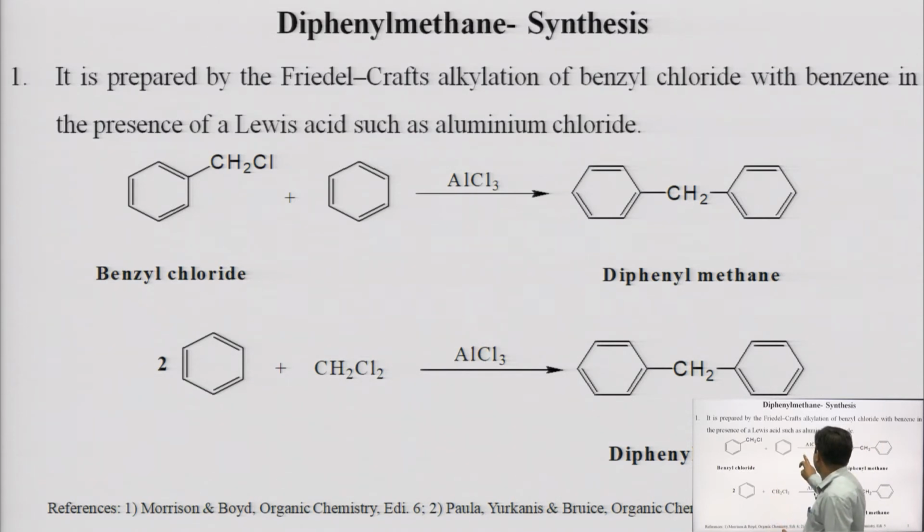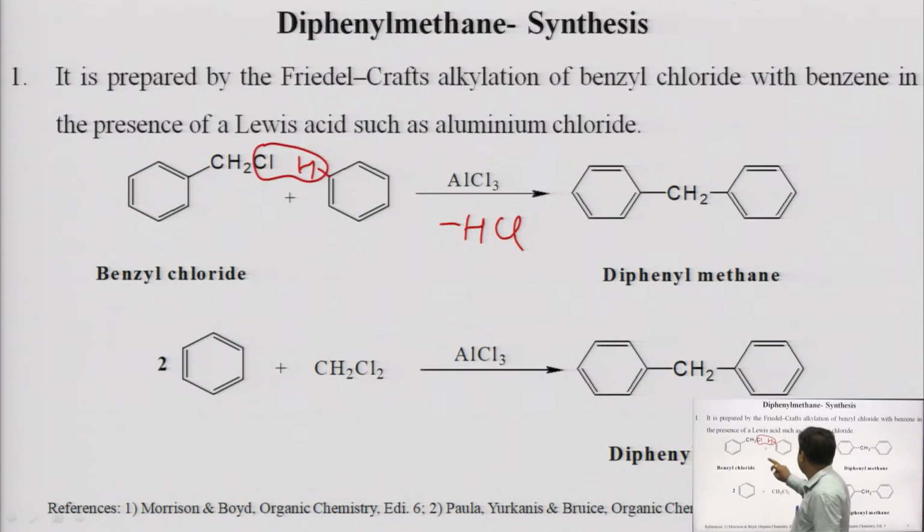One mole of HCl gets removed. The benzene hydrogen is removed in this reaction, and both the rings are joined together by a CH2 bridge, and we get diphenylmethane as a product.